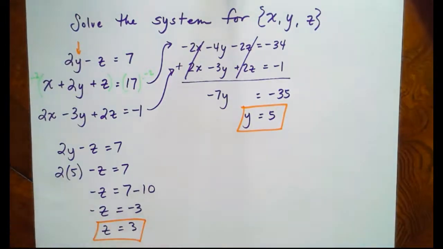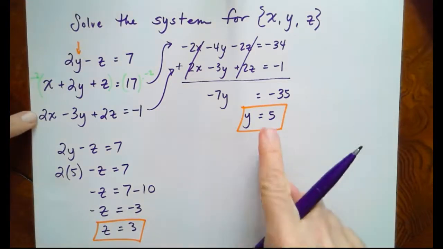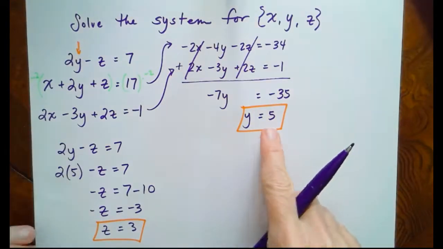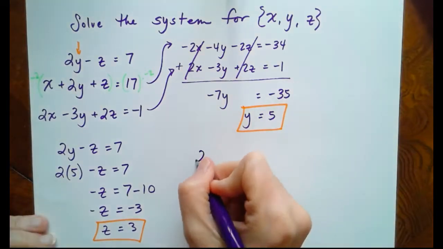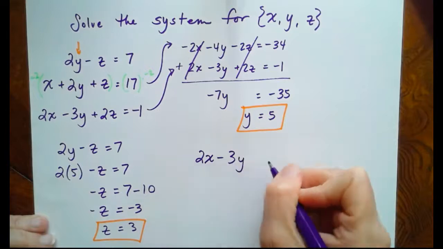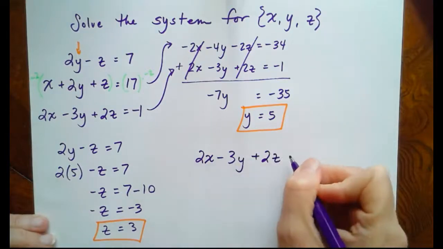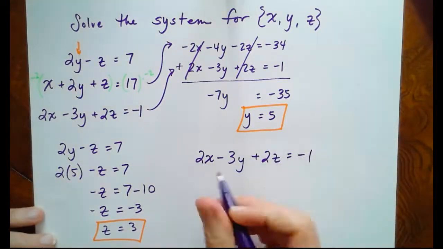We know y. Now we know z. So let's go to that third equation. Let's plug in y and z, and then we can solve for x, and then our system is solved. So 2x minus 3y plus 2z equals negative 1.